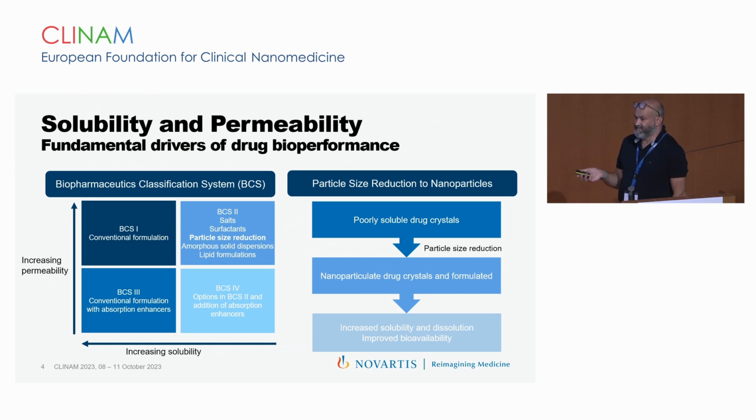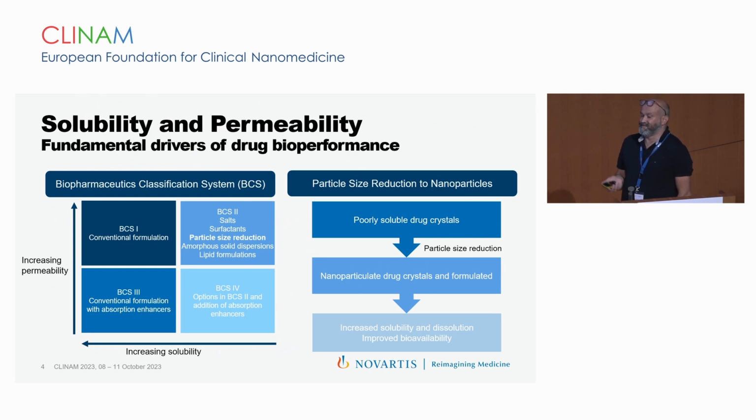For BCS class 2 compounds, we're looking at different formulation approaches. Typically for the drug substance and formulations, we're looking at salts, surfactants, particle size reduction, amorphous solid dispersions, and lipid formulations. For BCS class 4 compounds, it's the same options as class 2, but with the addition of absorption bioenhancers. I'm just going to concentrate on particle size reduction formulations.